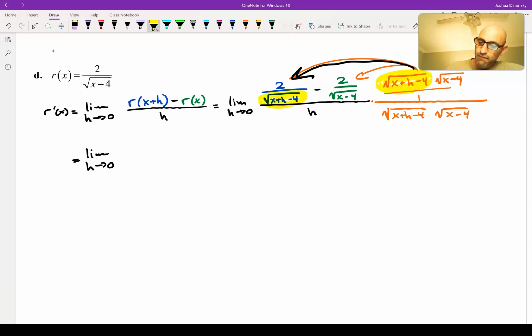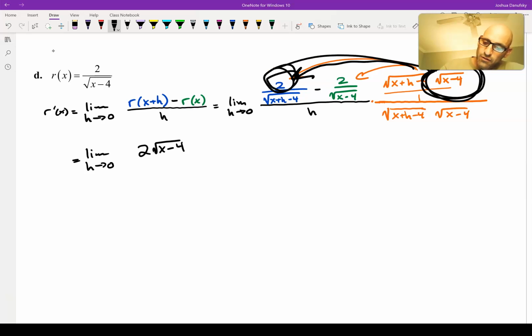Just that first multiplication with the black arrow, those two are going to cancel. And we're going to be left with 2 root x minus 4, right? This is left over with that first multiplication.